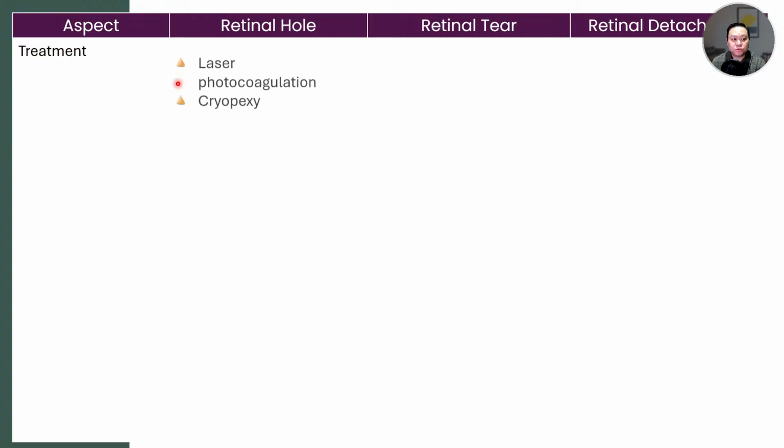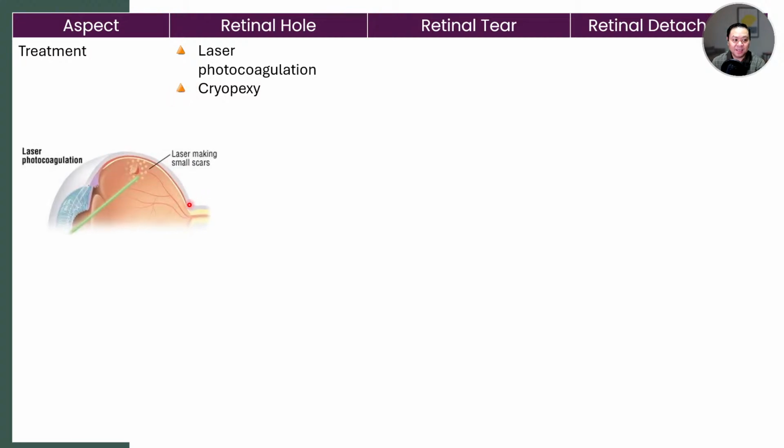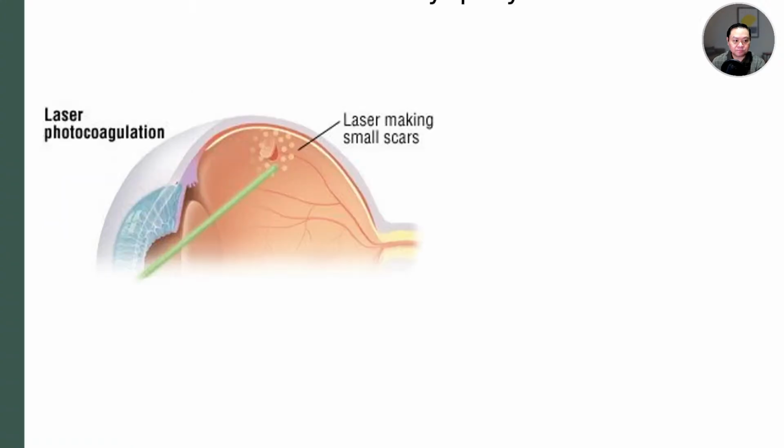Now, for the treatment, here are the following. The treatment for the retinal hole can include the laser photocoagulation and also the cryopexy. So the retinal photocoagulation basically is like this. The laser will focus those beams of light to create small burns into the retina.